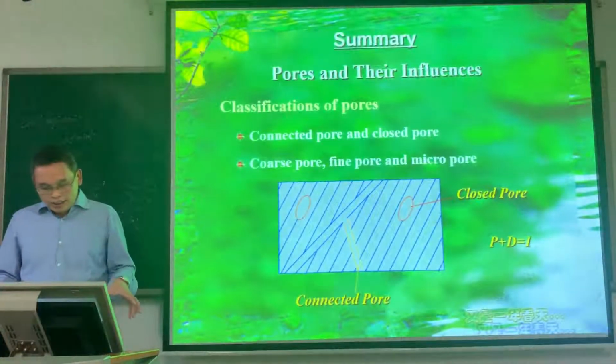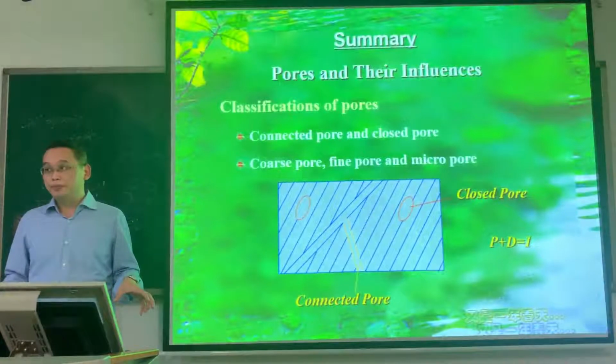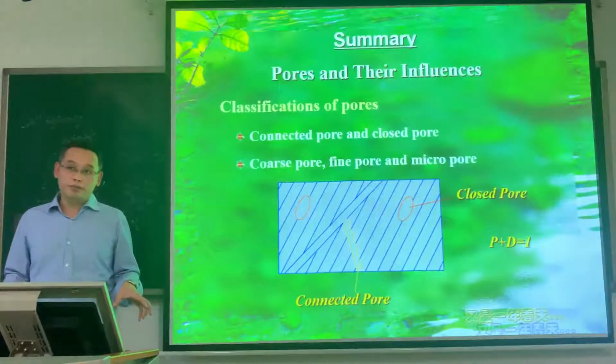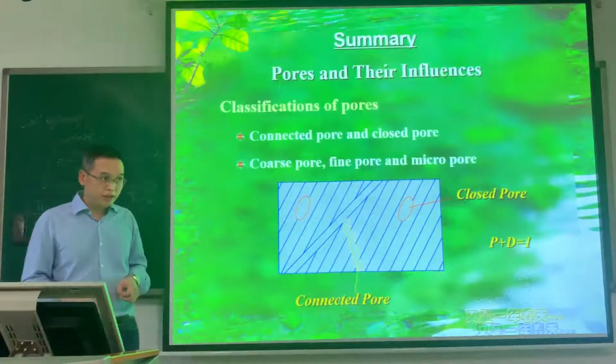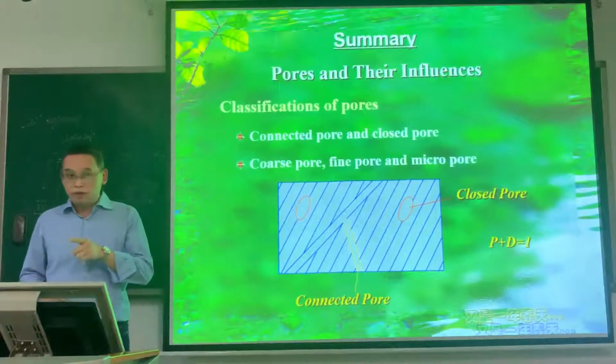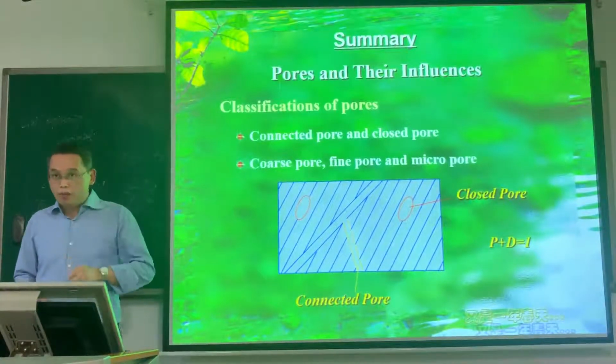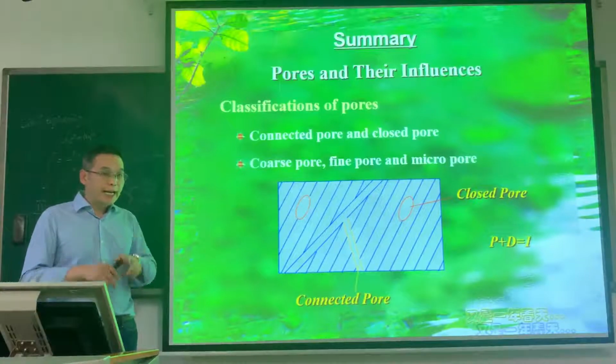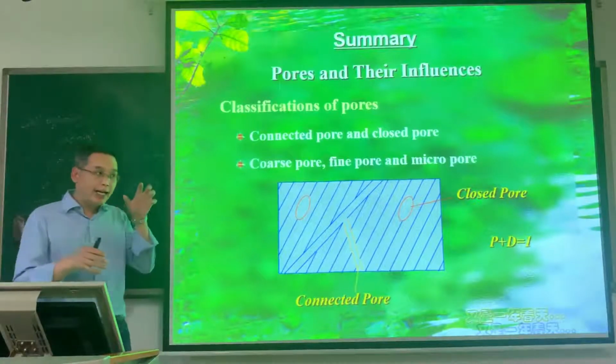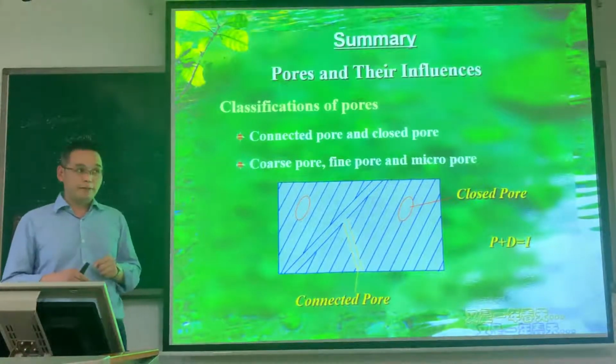So we need to get the summary about the pores. Because we have just mentioned, for construction materials, the civil engineering materials, it is hard for them to reach the absolute dense state.